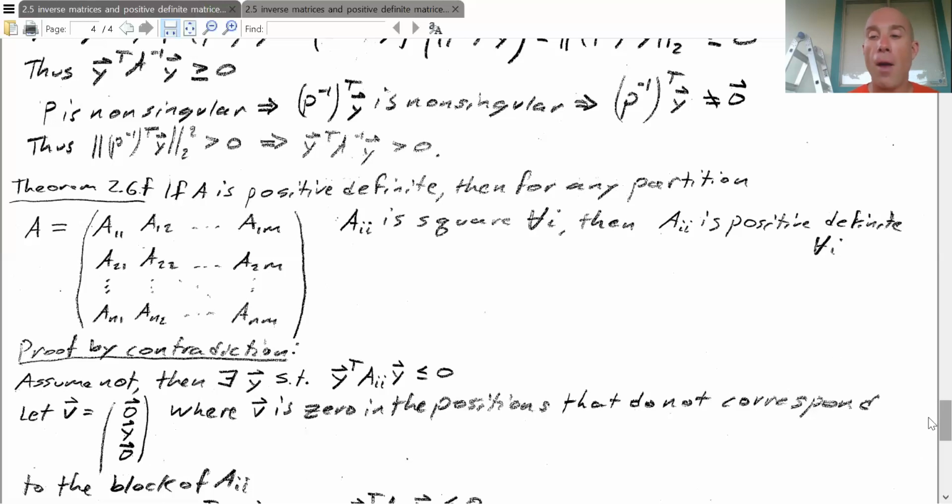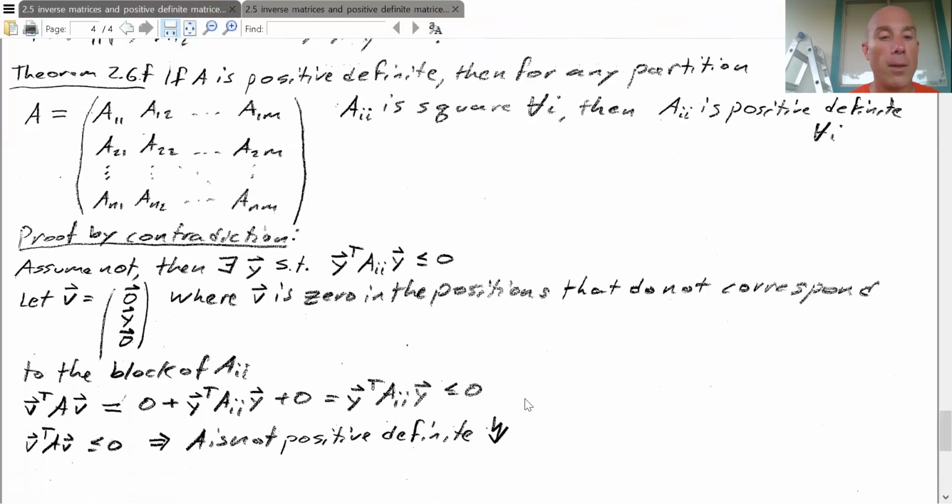When I do the positive definite multiplication, it comes out immediately. Because what will happen is that I get 0, then the block I'm talking about, then 0, which I know has to be less than or equal to 0 because of this aspect. But that means that A is not positive definite in the first place. So that's a contradiction. Boom.